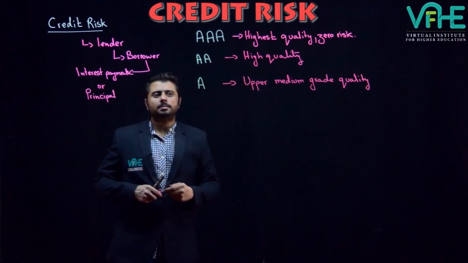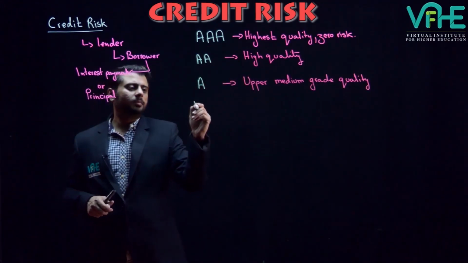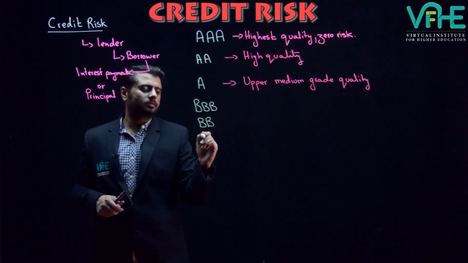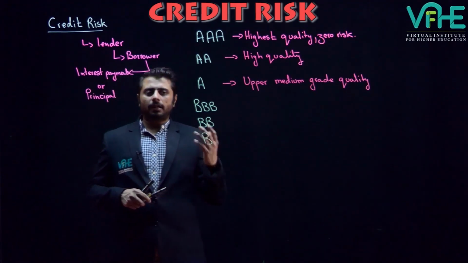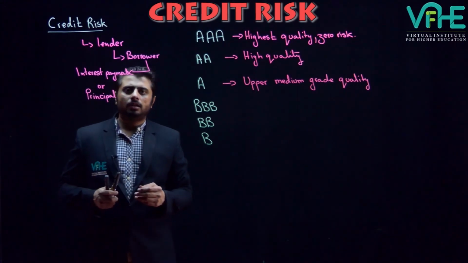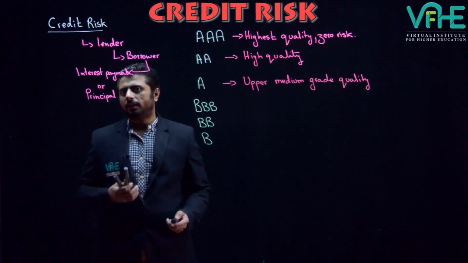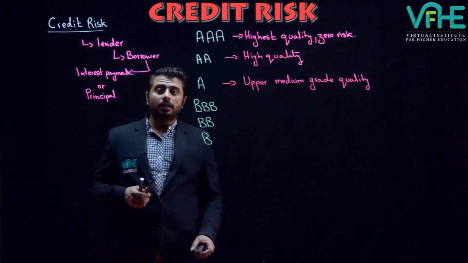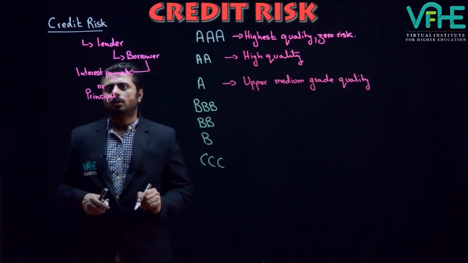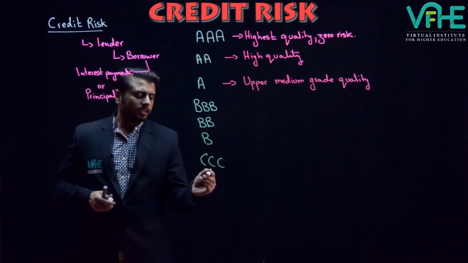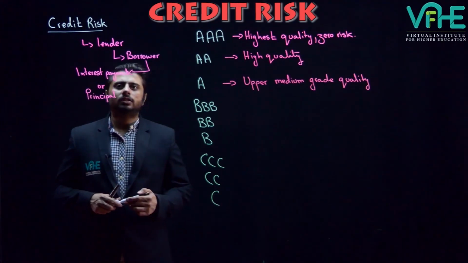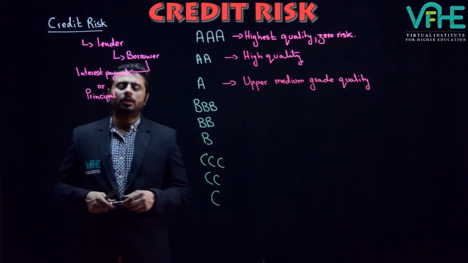And this list keeps going on as BBB, BB, B-rated, where triple B are medium grade quality, double B are lower medium grade quality, B graded are speculative, and then we have triple C, which is a poor quality, double C, highly speculative, and C, which is lowest grade quality.